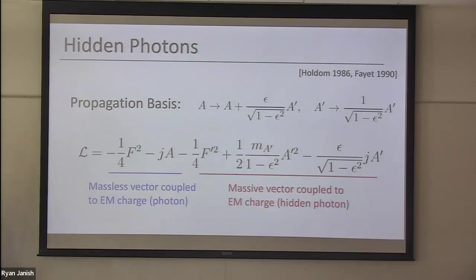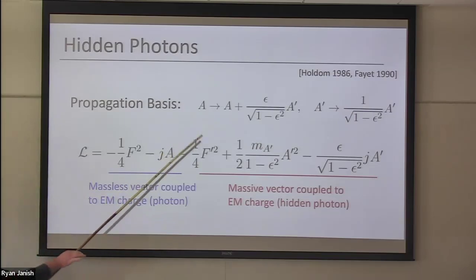It will be useful to switch back and forth between different bases. We have two fields here, our regular photon and our hidden photon. We can always choose to think about this in terms of different linear combinations of those two fields, and we'll do whatever is most useful for a given problem.